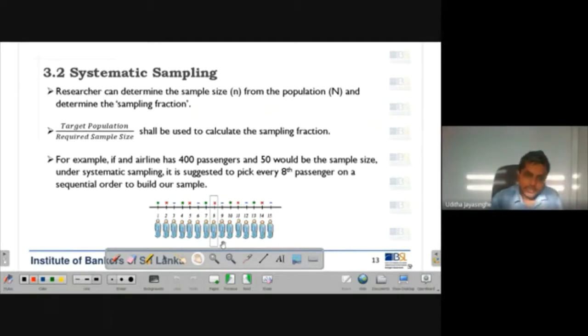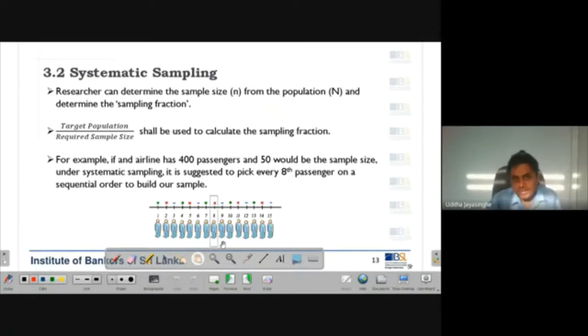The researcher can determine the sample size, small n, from the population, capital N, and then determine the sampling fraction. Sampling fraction, what is this? Target population over the required sample size shall be used to calculate the sampling fraction.